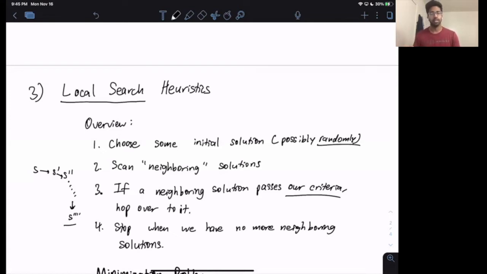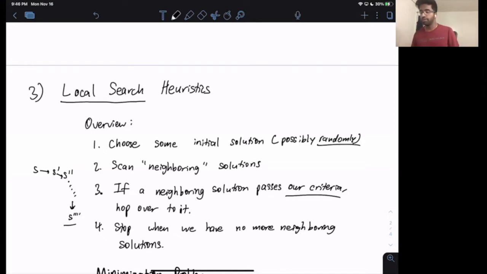There are multiple ways of defining your criteria, right? One possible definition is saying, okay, only hop over to a neighboring solution if the neighboring solution has a lower cost than our current solution, right? So let's say we're searching through a path in a graph, right? And we have some sort of path that has a cost of 20. And we've tinkered with our current solution a little bit. We've maybe played around with a couple edges, and we've come up with another solution with a cost of 15.